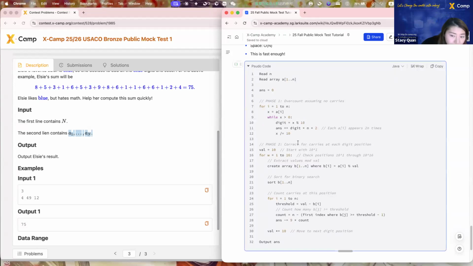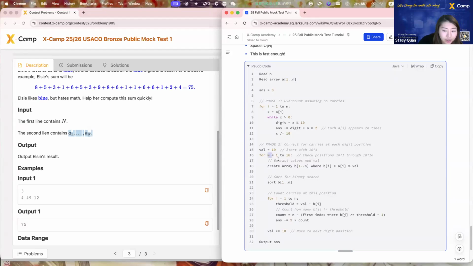Now the second phase is you correct for carries at each position. So first I want to look for the ones. My value is 10, and this 10 is growing into 100, 1,000, 10,000, so I can look into the carry into the tens, the carry into the hundreds.